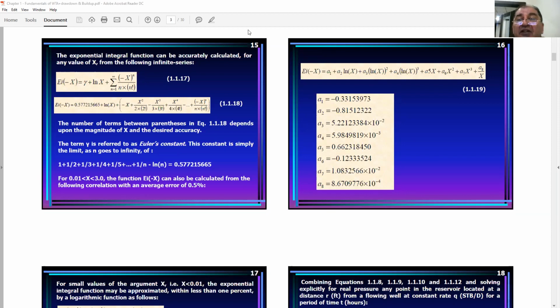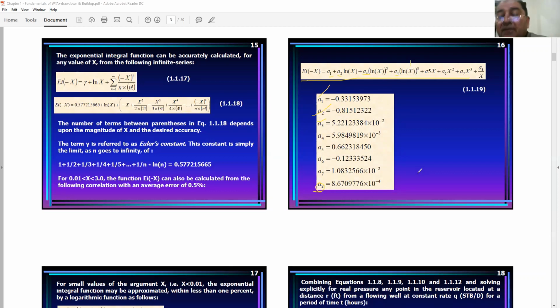Here is the model, with A1, A2, A3, A4 and of course x. We know x is 948 mu CT divided by R squared divided by KT. These are the 8 constants. This is the second option.